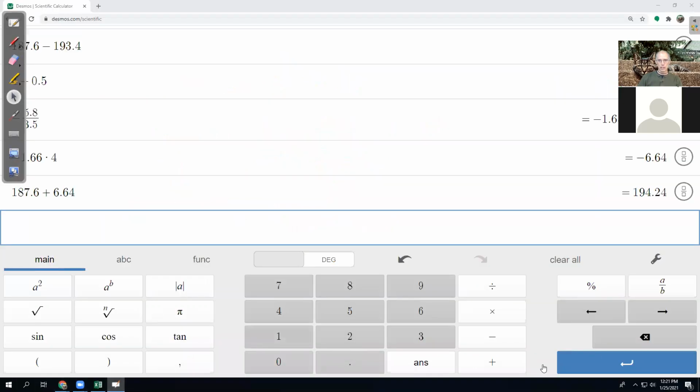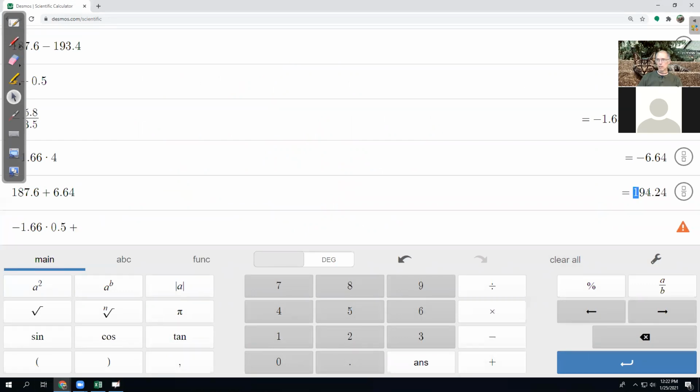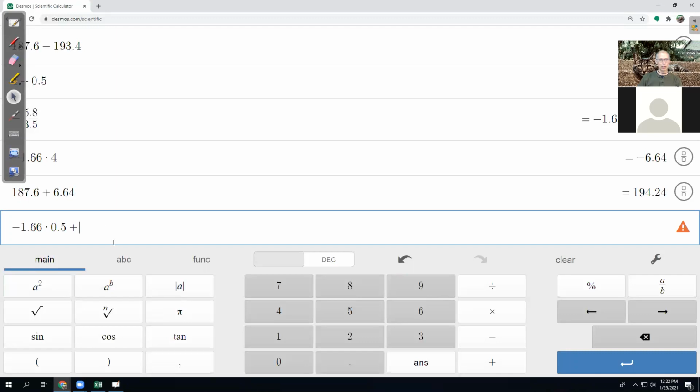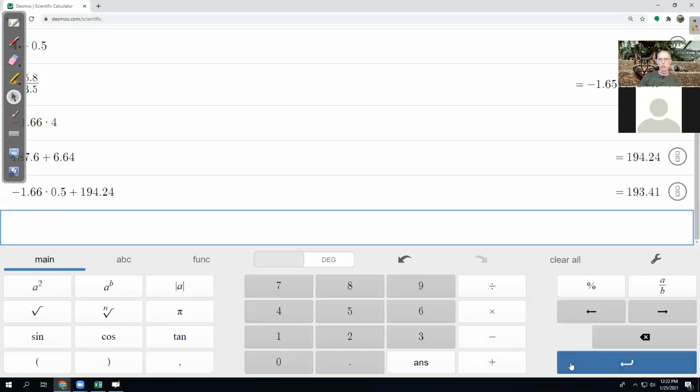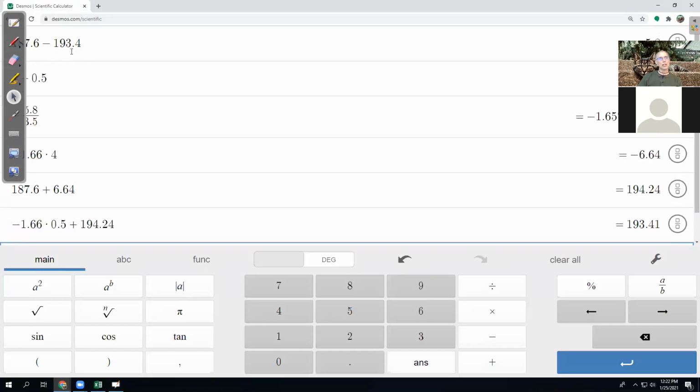I think if I take negative 1.66 times 0.5 weeks and add on that 194.24, I should get the weight that was given to me, 193.41, and the original was 193.4.